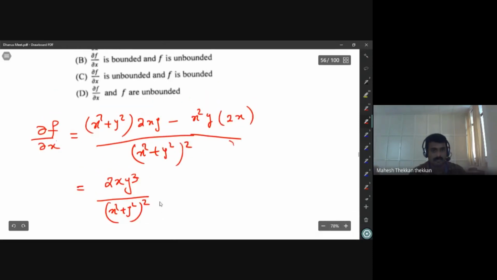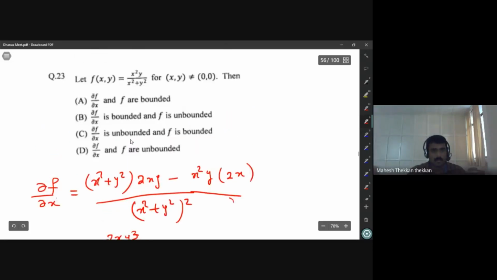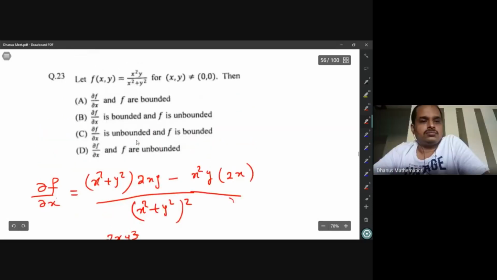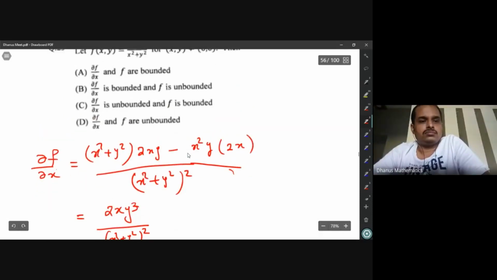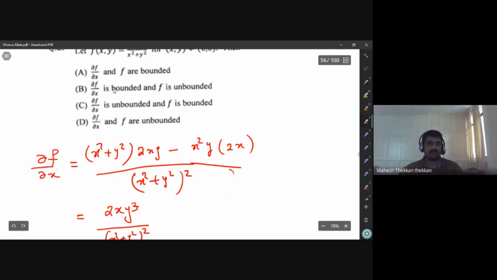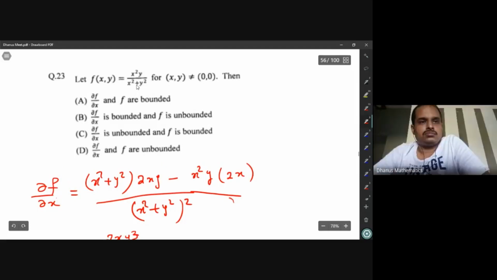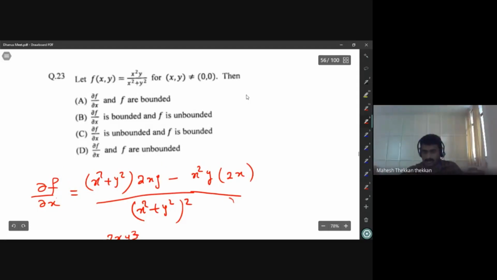Then how do we look at the boundedness? If this function is bounded, so what about f? Is f bounded or not? Suppose you look at the sequence n comma n.